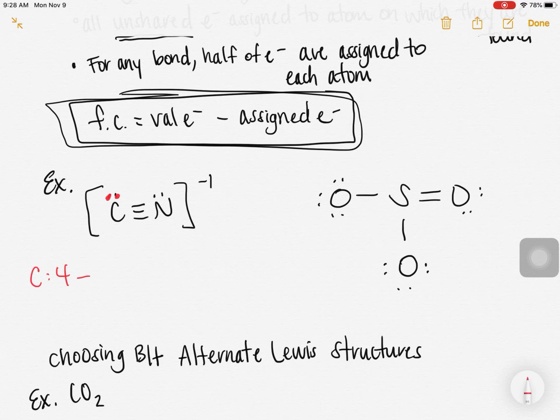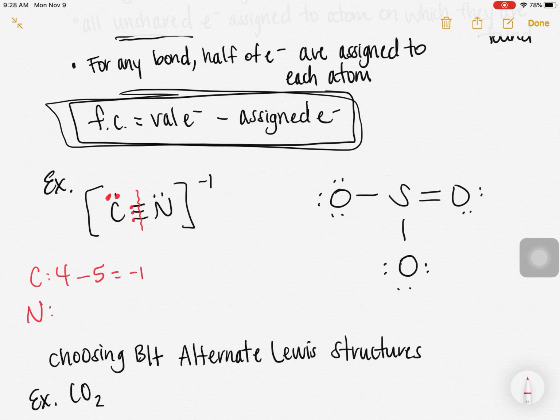A triple bond is 6 electrons, and so I would break that in half and say carbon gets 3 of them. Or I teach students to physically, or at least in their mind, break that bond in half and then count 1, 2, 3 electrons. So in this case, carbon has 2 that only belong to carbon and 3 from the bond, so that's 5. So carbon has a formal charge of -1.